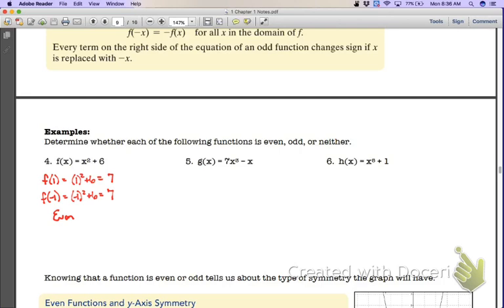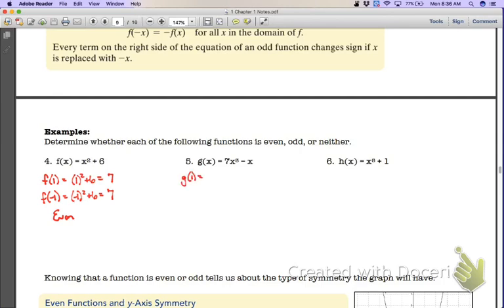Now on 5, where it's 7x to the third minus x, what do you think it probably is going to be? Okay, first thing you want to probably think is odd. Now we still want to take values and check to see if that's going to be the case. So let's make it g because it's g.